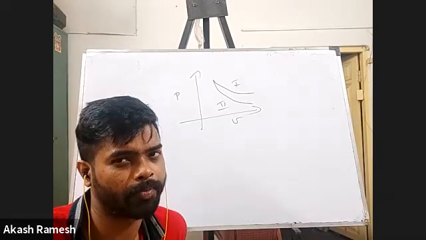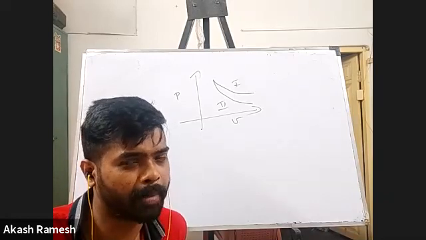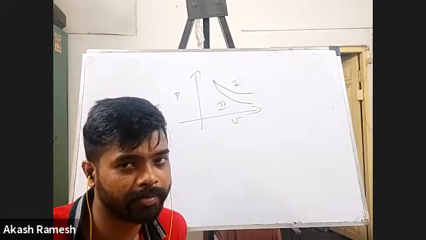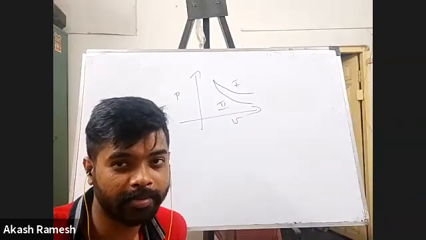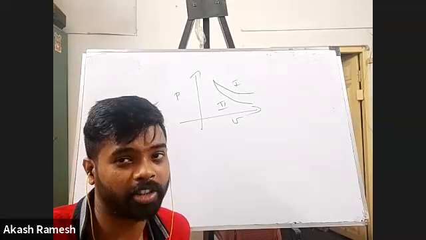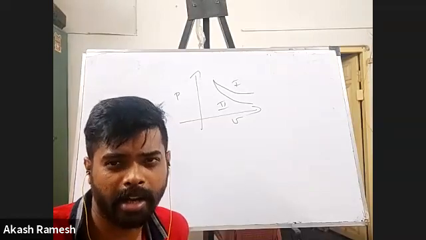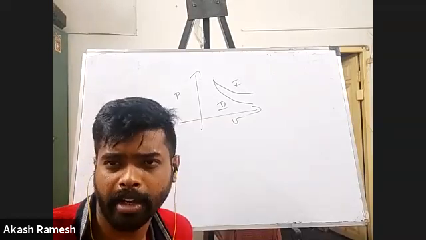I gave you a clue also. If I don't supply any energy, the gas uses its own energy, which it has. What is that own energy called? Internal energy. Exactly. So in an adiabatic process, the work is done at the expense of internal energy.